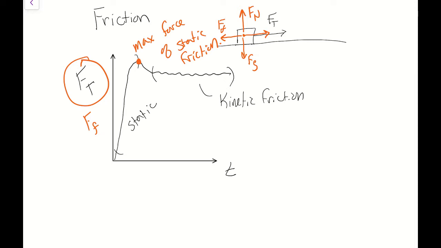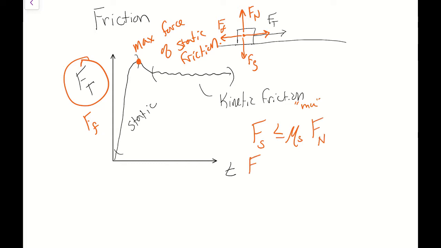So the important thing to note, first things first, the force of static friction is not constant. It can change. It can increase as you increase that pulling force. So the force of static friction, if I wanted to write an equation, F sub S, is going to be less than or equal to this Greek letter mu sub S, that's the coefficient of static friction, times the normal force.